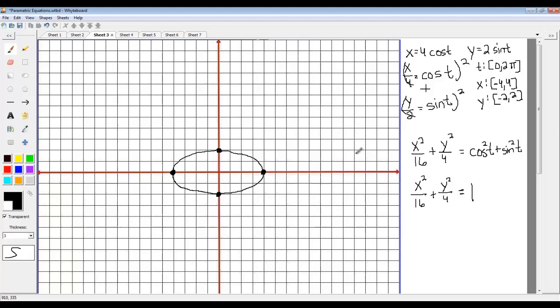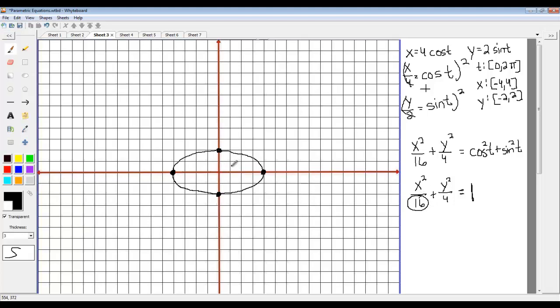Now, in the future, or if you've already taken pre-calculus, you've seen these before, or if you're going to take pre-calculus, you will see these. But the ellipse, if you have this form, if you have x squared over a number plus y squared over a number equals 1, like this, you have an ellipse. The square root of the number below x squared tells you how far right and how far left you're going on the x-axis.